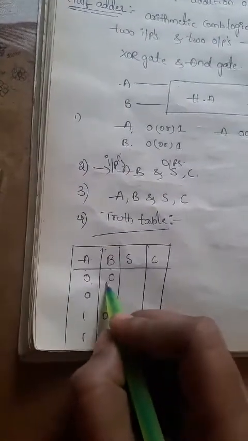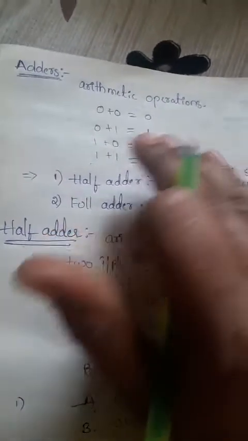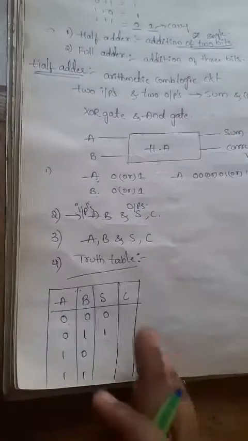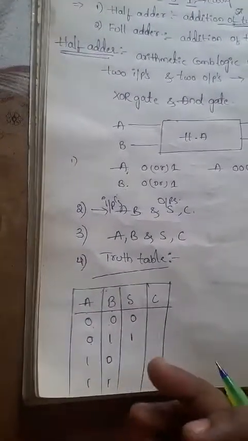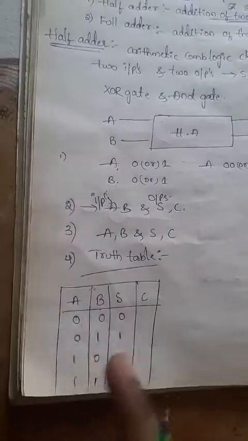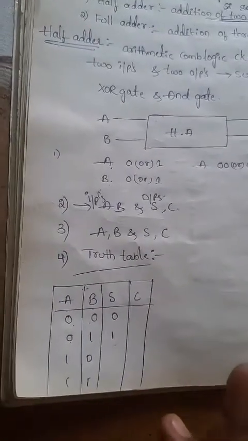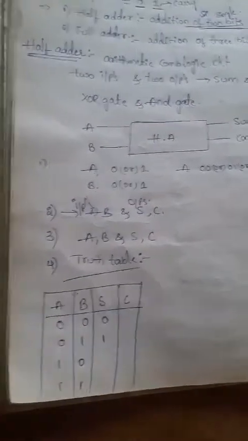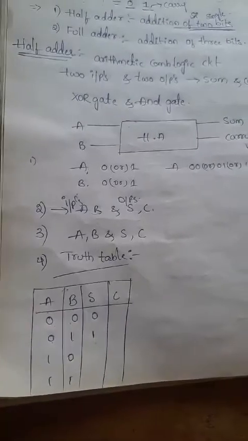So 0 plus 0 is 0, and 0 plus 1 is 1. While adding these binary digits, if you get any carry when adding two numbers, that carry is placed in the C column as 1, and if there is no carry you place 0 in the column.